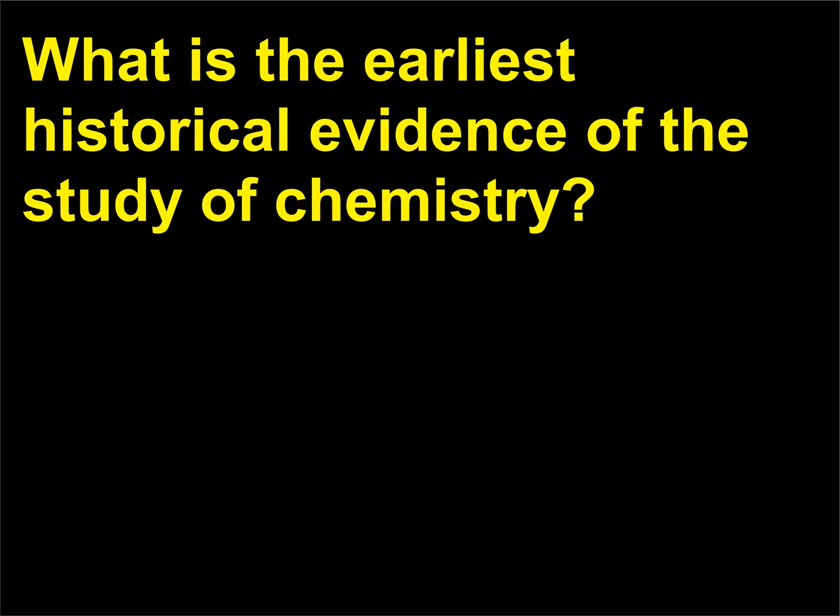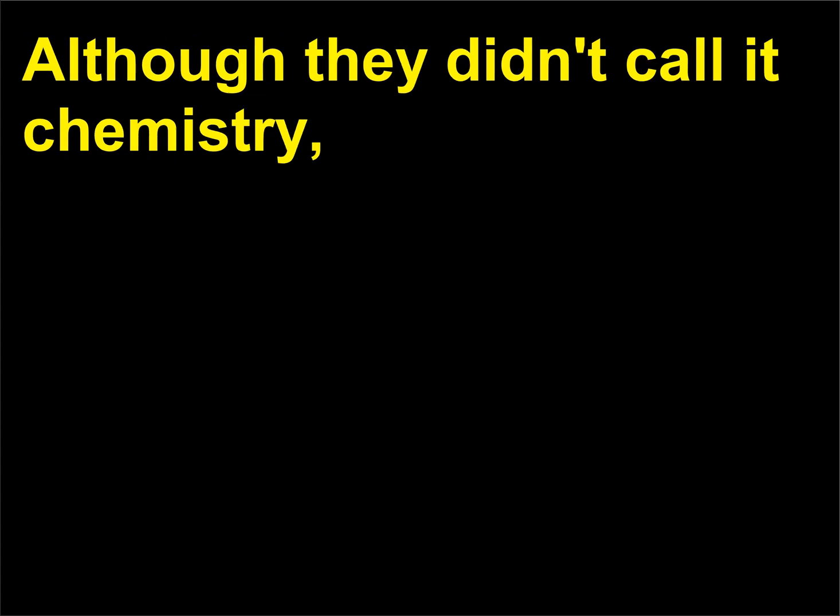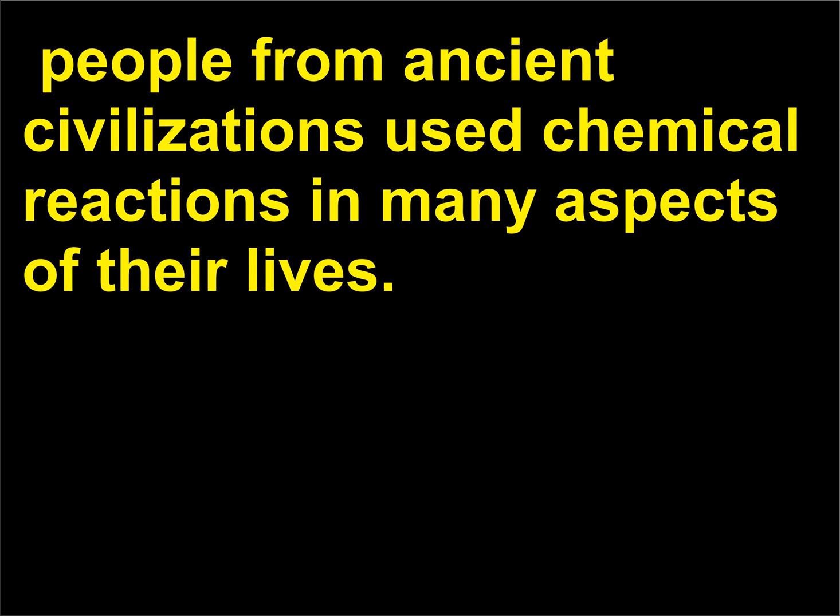What is the earliest historical evidence of the study of chemistry? Although they didn't call it chemistry, people from ancient civilizations used chemical reactions in many aspects of their lives.